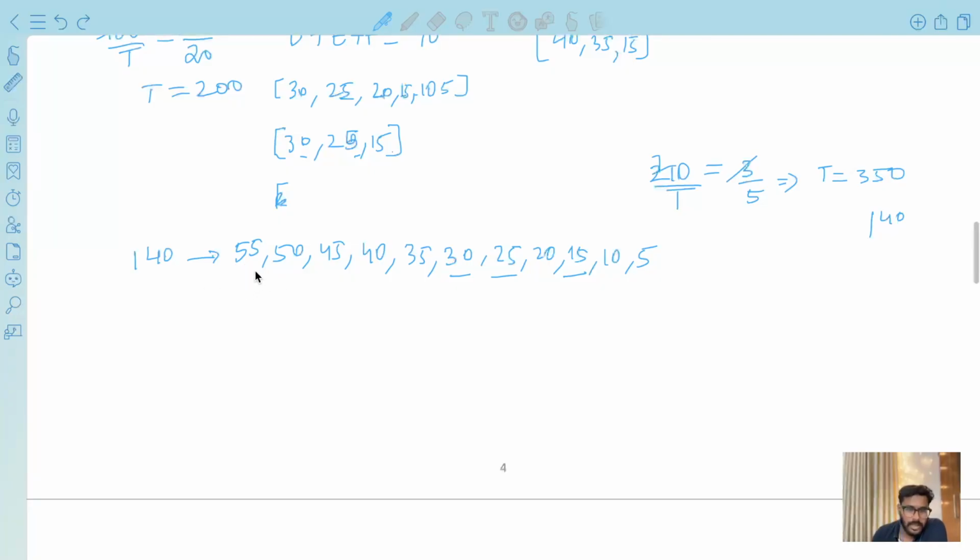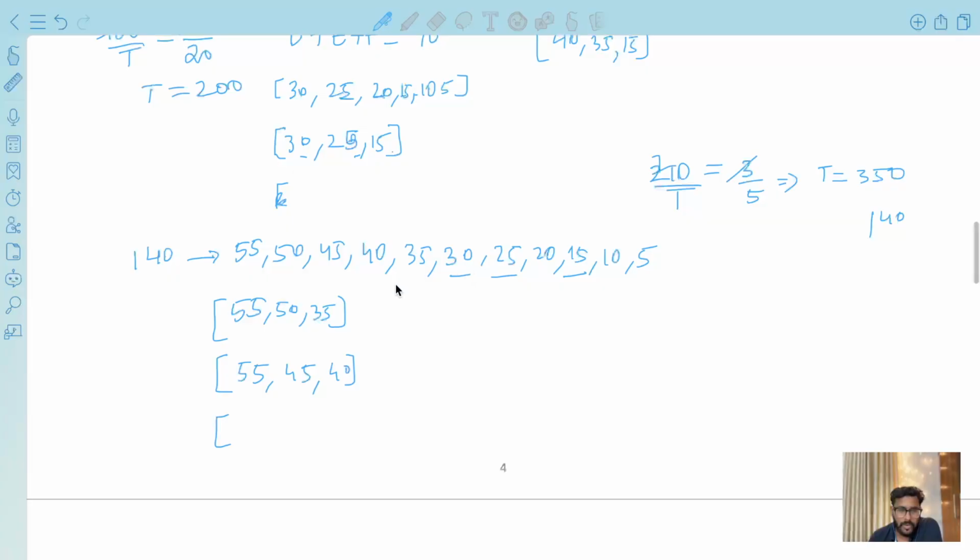We need 140, right? 50, 55, 105. 55 and 35, one option. 55, 45, 100, and 40, another option. 55 and 35, 60; 90, 35; 55 and 30, 85.